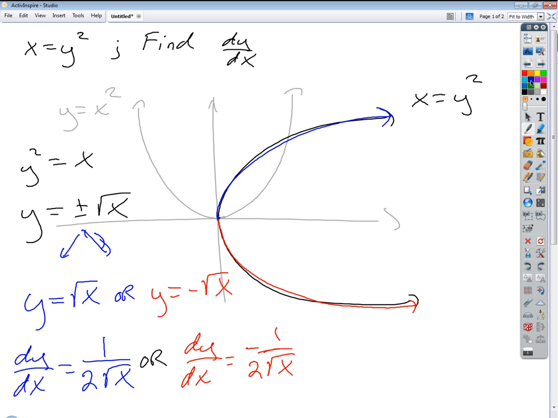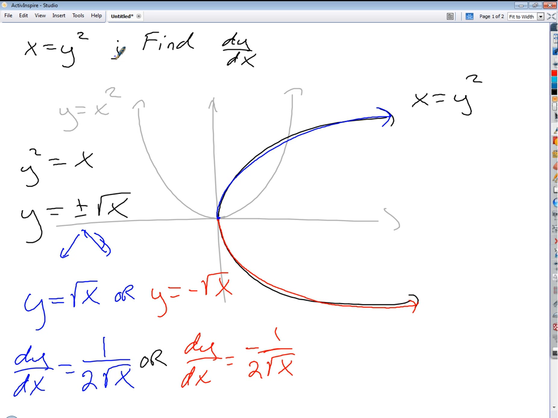And then we did what's called explicit differentiation, which is the only kind we know how to do up to this point. We only know how to take derivatives of explicit functions of x, where y is by itself and equal to some function of x. Everything we've done has been that way, correct? This is different. This time the x's and the y's are mixed up together. So what we're looking for is a way of doing something called implicit differentiation.